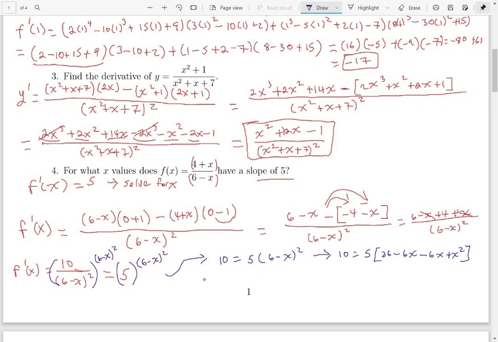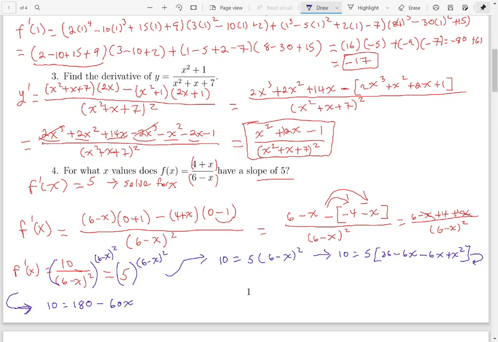And so then that gives me, coming down here, 10 is equal to 5 times 36 is 180. Negative 6x minus 6x is going to be negative 12x. 5 times negative 12x is going to be negative 60x.